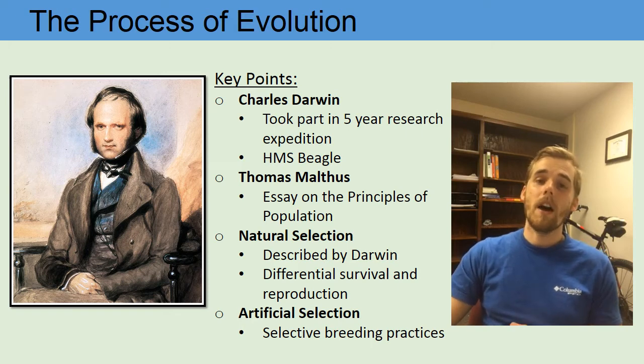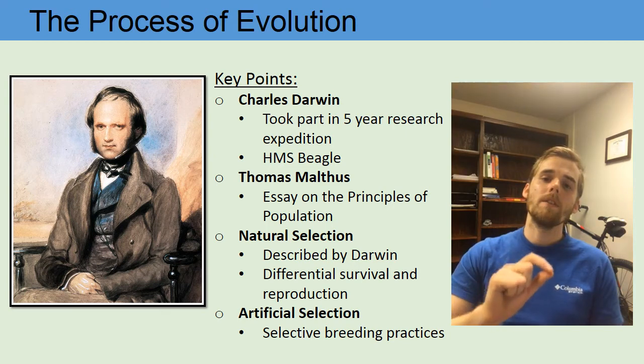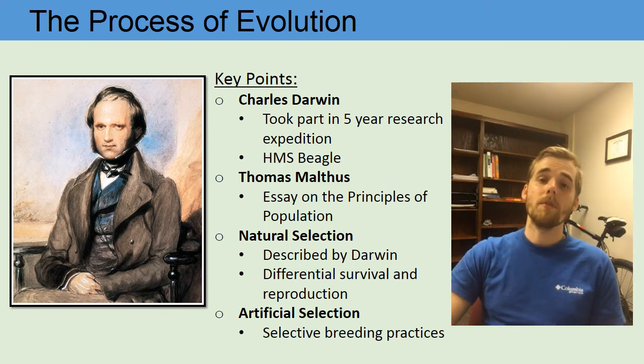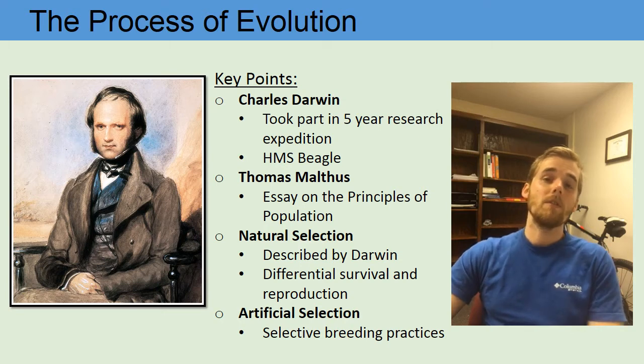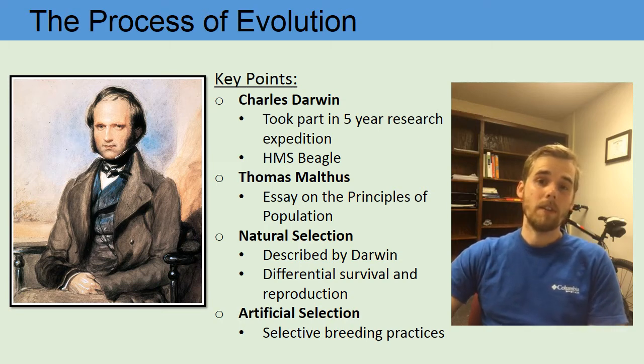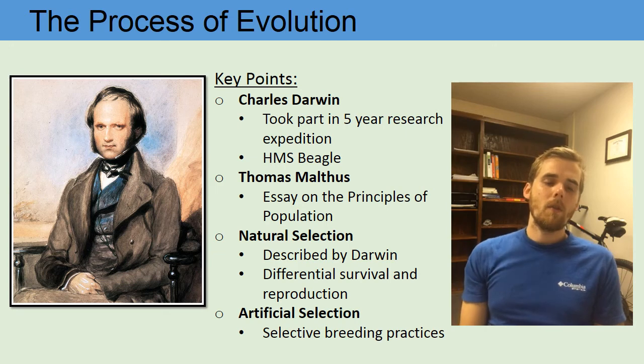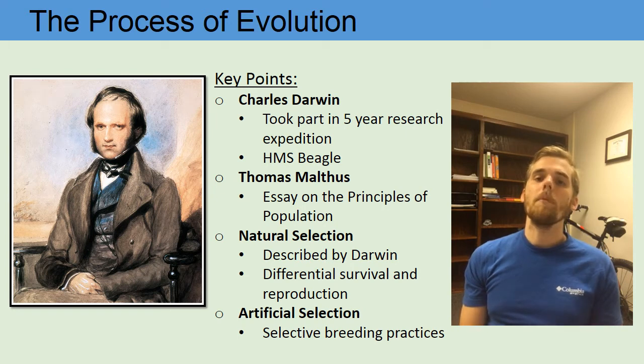There just simply are not enough resources for everyone to survive, so that only some members of the population are able to survive and pass their genes along to the next generation, whereas other individuals are not able to survive given these limitations. And so Charles Darwin's observations during the voyage of the Beagle, along with this idea that there's competition amongst individuals, led to his theory of natural selection.